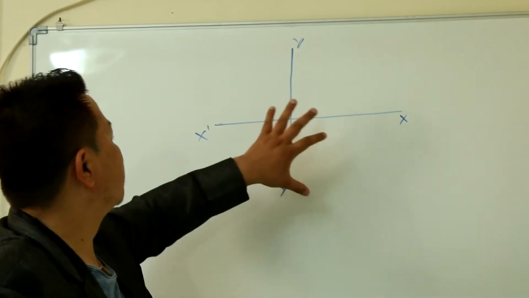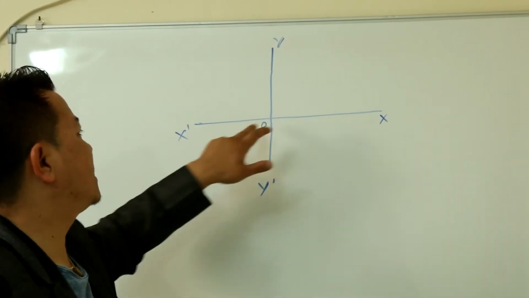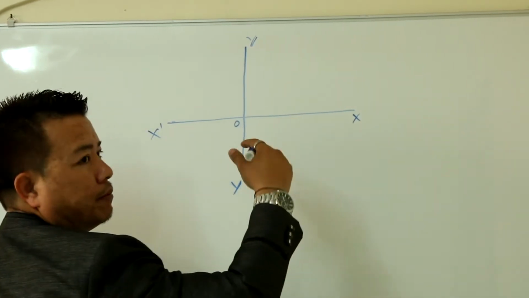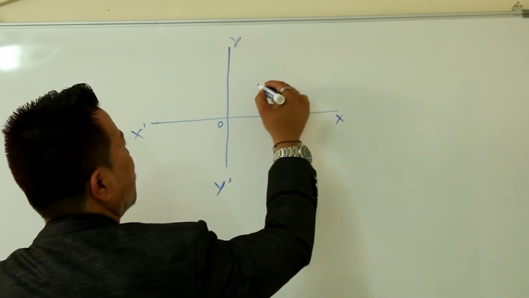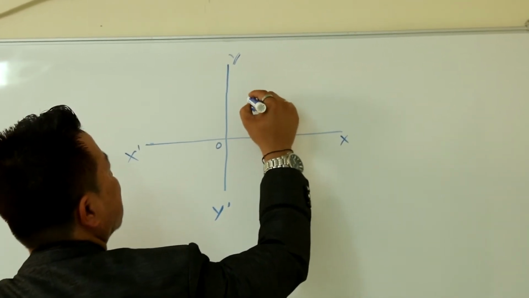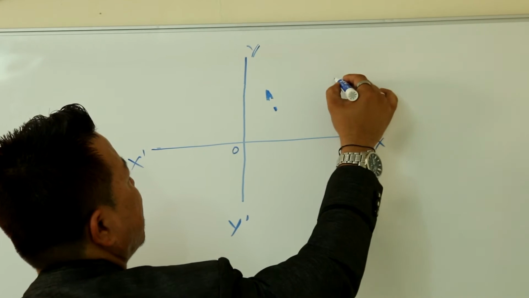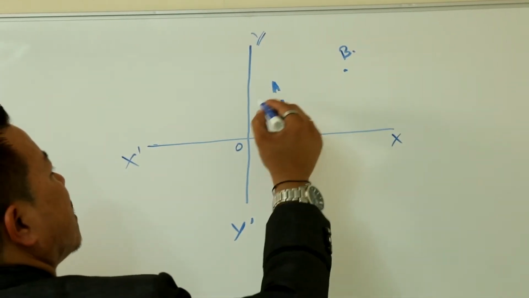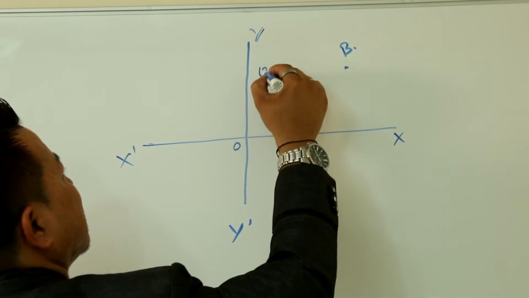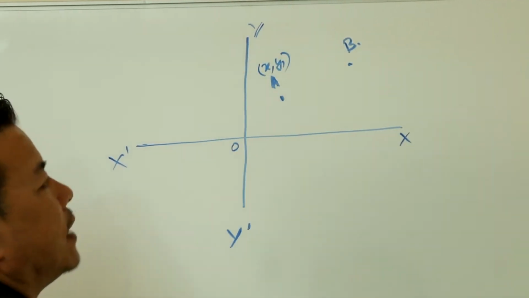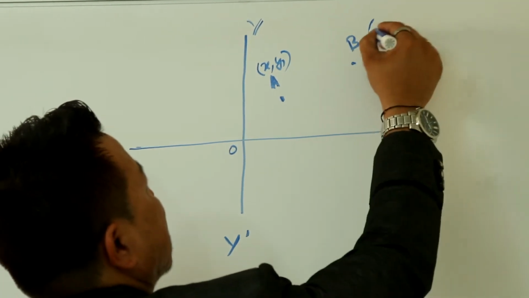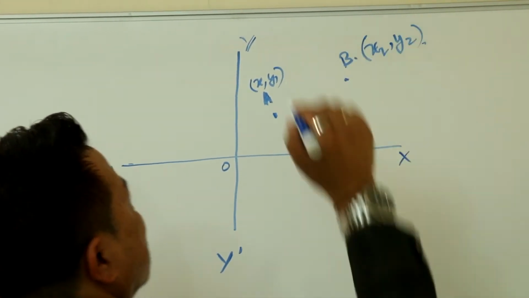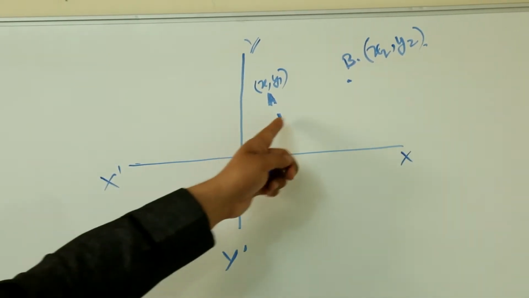Friends, this is the origin where the x-axis and y-axis meet, and on this plane let's mark two points, point A and point B. Suppose the coordinates of A are x1, y1, and the coordinates of B are x2, y2.